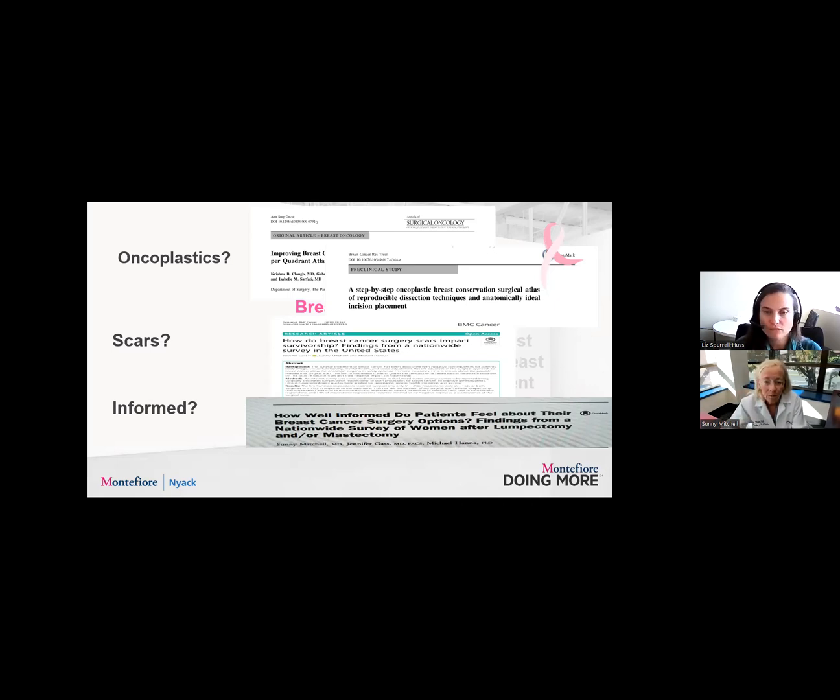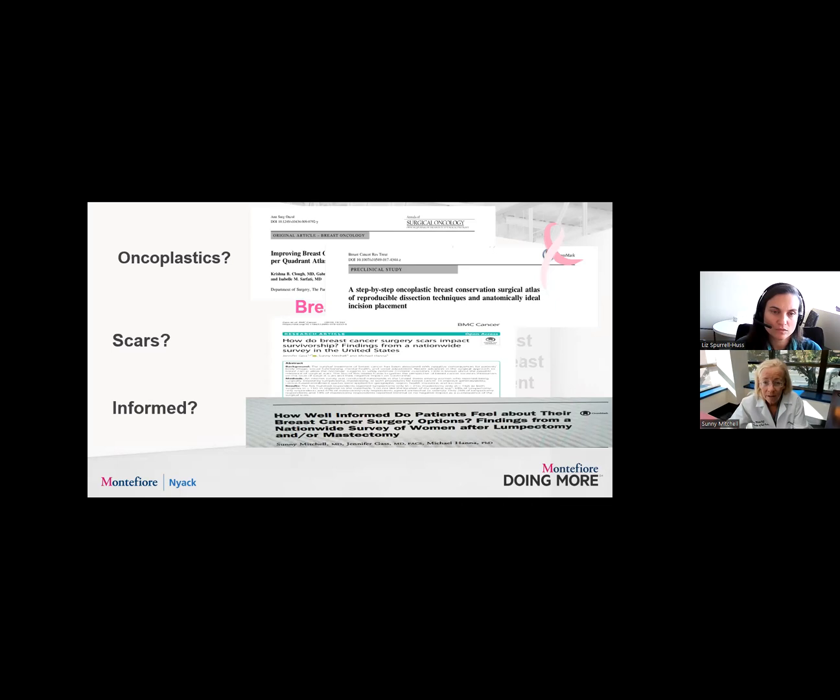We know that women can feel effects of surgery, and scars can affect sensuality, sexuality, even clothing choices. So very simple things become too big of a deal. So we try to minimize that and avoid that as much as possible.